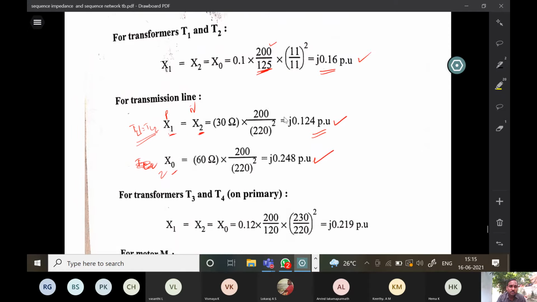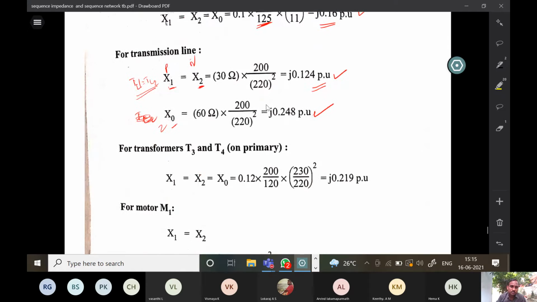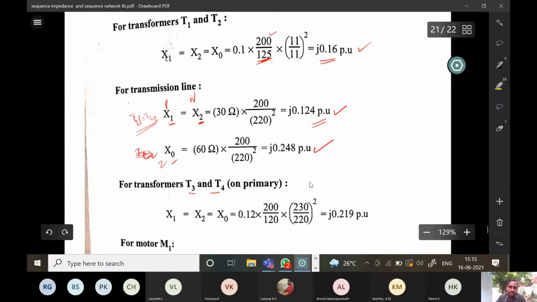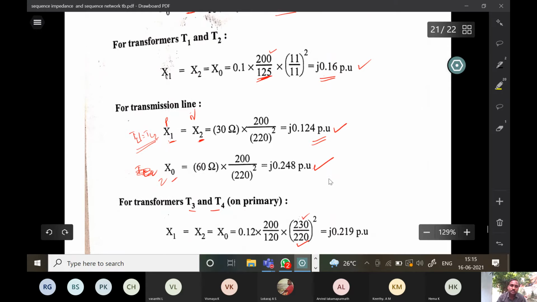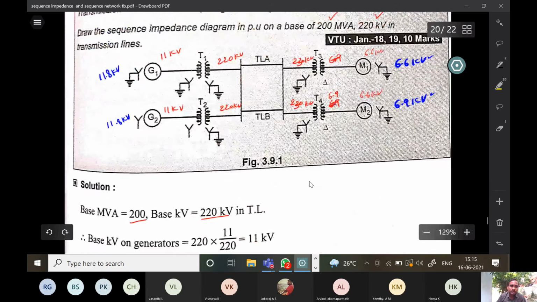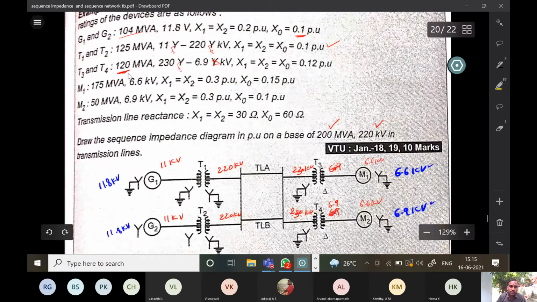For transformers T3 and T4, it will change, because here the old kV and new kV will be different. The new kV base is 220, the old kV of the transformer is 230. For transformers 3 and 4, the old base is 120 MVA, the new base is 200, and 230 is the old voltage base, and 220 is the new base.